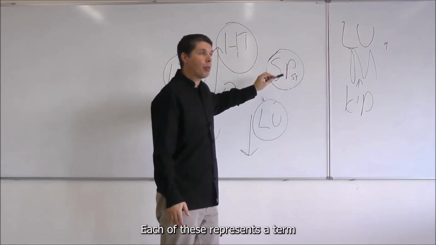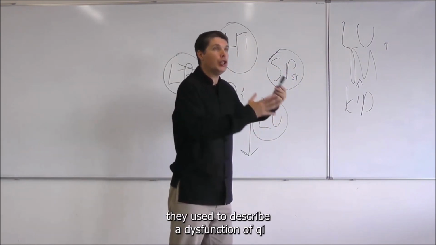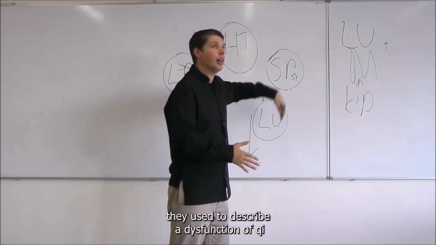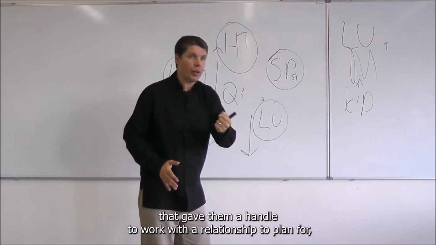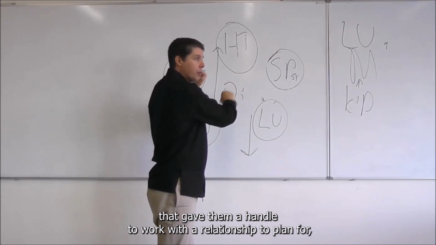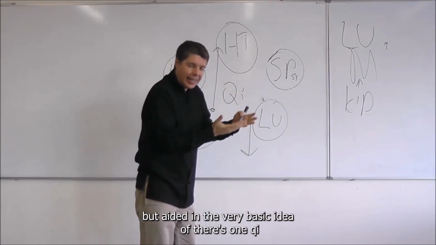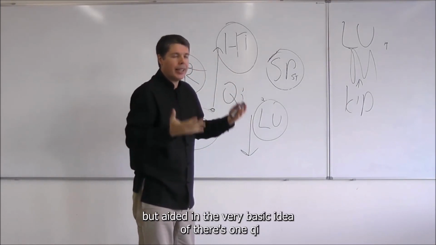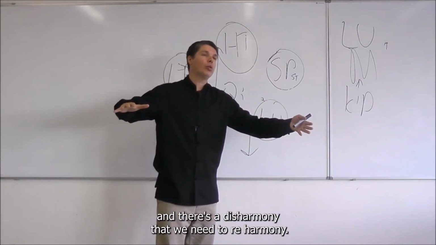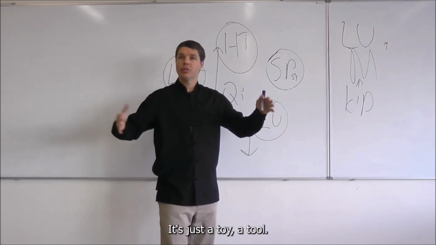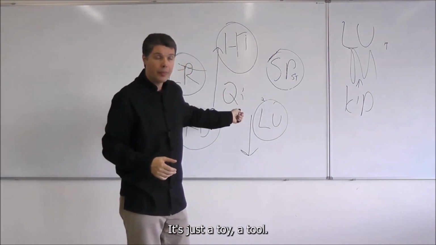Each of these represents a term they use to describe a dysfunction of qi that gave them a handle to work with, a relationship to plan for, that aided in the very basic idea of there's one qi and there's a disharmony that we need to reharmony. It's just a toy, a tool.